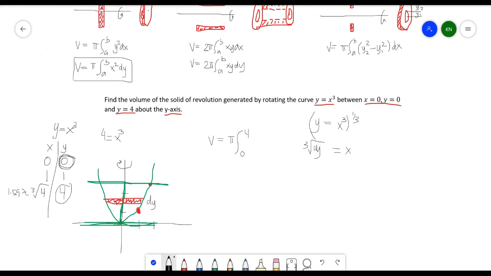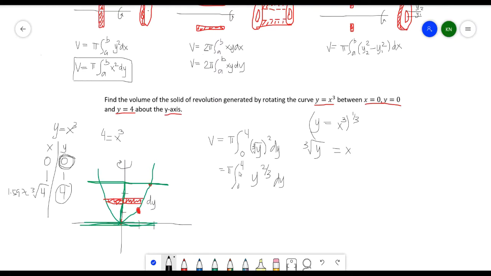We just have to square this one. So meaning to say, cube root of y squared, then we have our dy. So afterwards, simplifying our equation, we have pi integral from 0 to 4 of y raised to 2/3 dy, right?